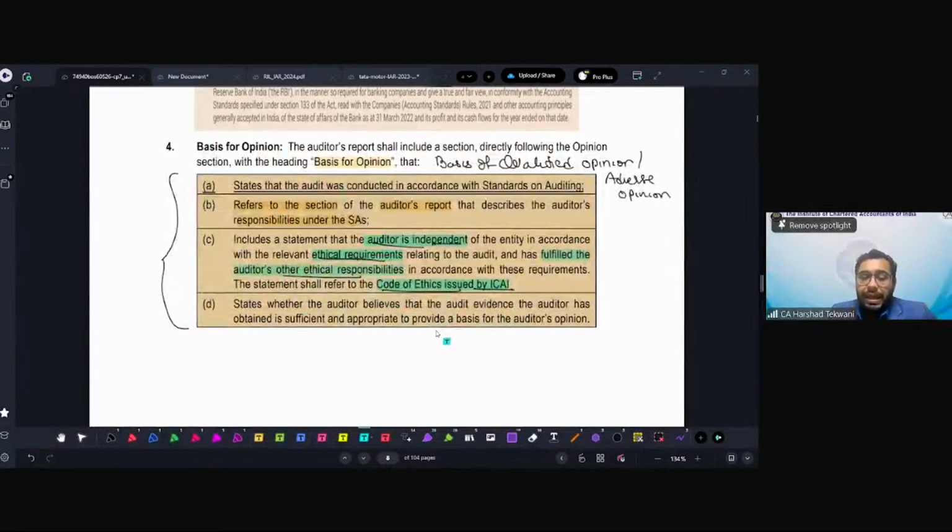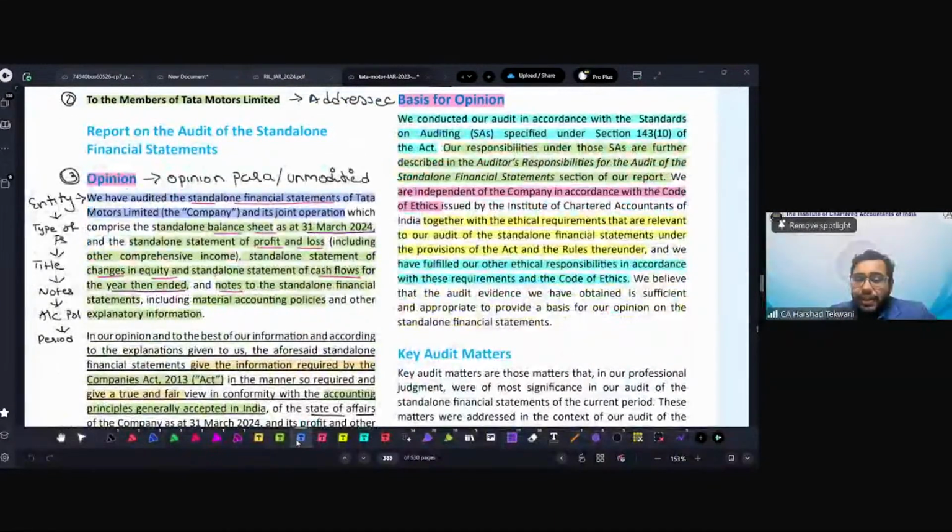Now, the last part of the basis of opinion paragraph is that you have obtained sufficient and appropriate audit evidence to base your opinion. Here also, they have mentioned the same, that we believe that the audit evidence we have obtained is sufficient and appropriate to provide a basis for our opinion on the standalone financial statement.